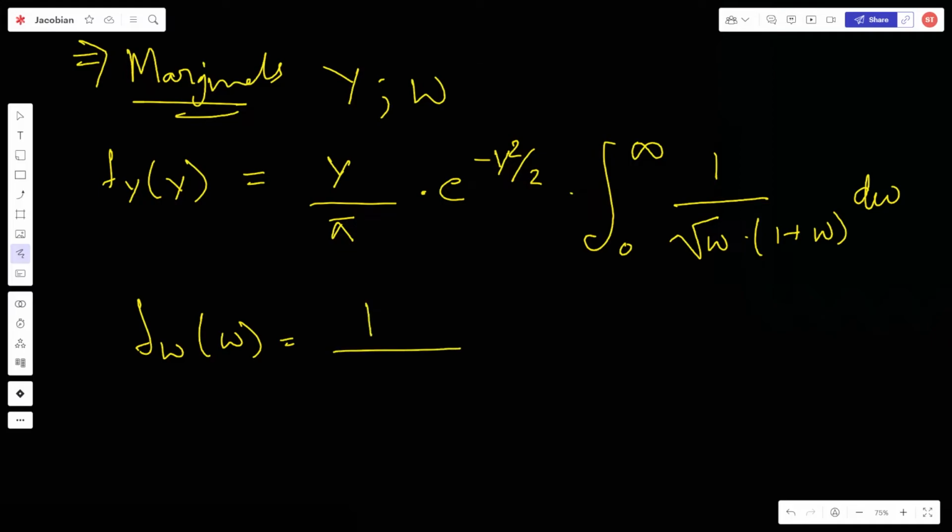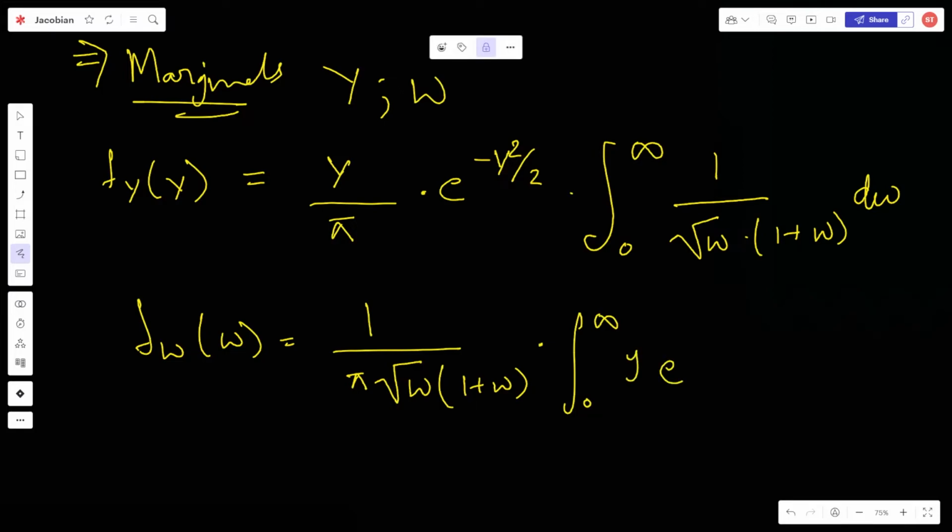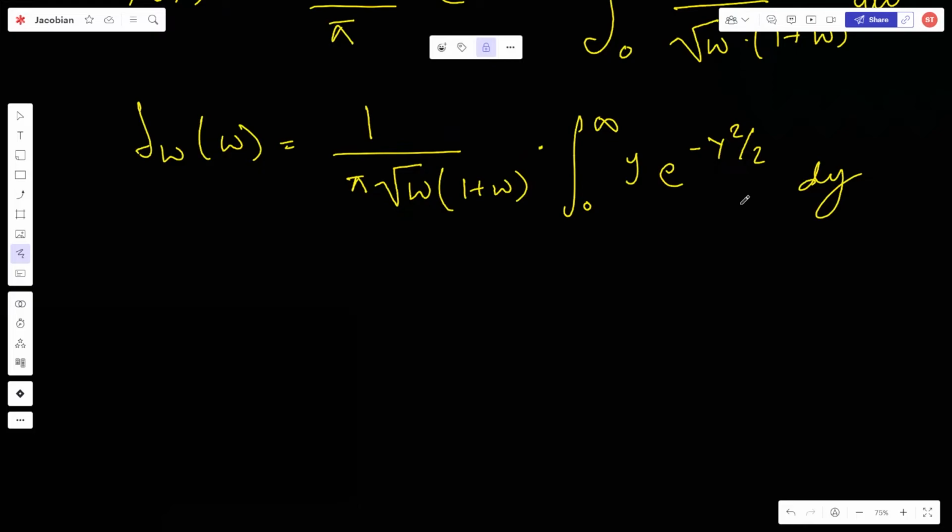So I would have 1 divided by pi times root w multiplied by 1 plus w, and all of this is integrating from 0 to infinity for y e to the negative y squared over 2, and that is integrated in terms of dy. Now it seems like the integral for this is fairly simple, so we can just go ahead and solve the integral for that.